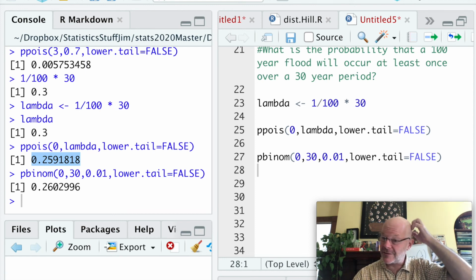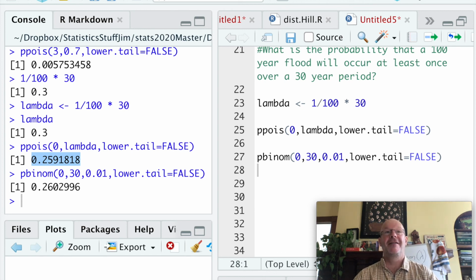I'm not going to live to be 100 years. That's not a big deal. But when you actually think about the probability that you might experience a 100-year flood before you even pay off your mortgage, it's roughly a 25% chance. So when you think about it that way, it's probably a really good idea to make sure that you have good flood insurance, because 25% chance is pretty good.